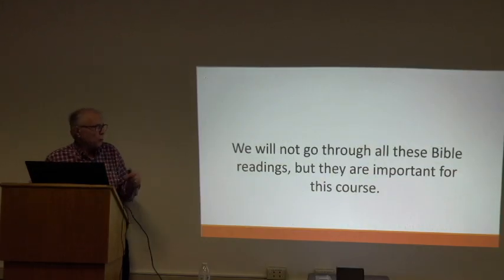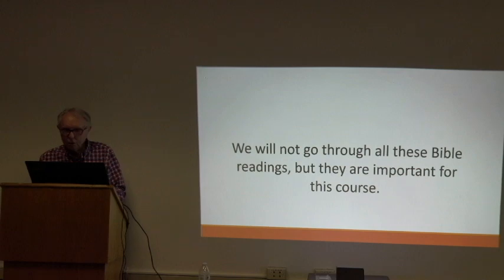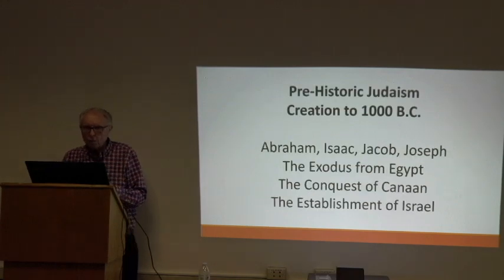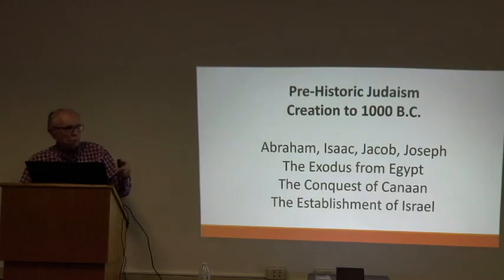We're not going to go through all of those readings, but they are important for the course, as I tell you regularly. Okay, prehistoric Judaism, this is the first time period.